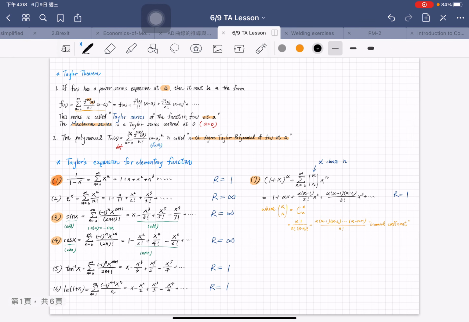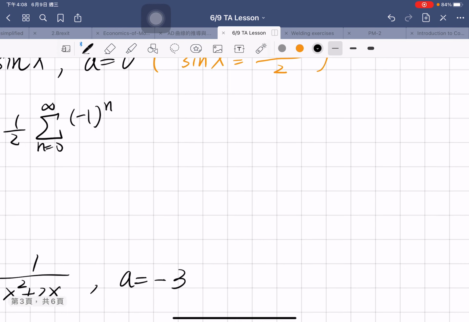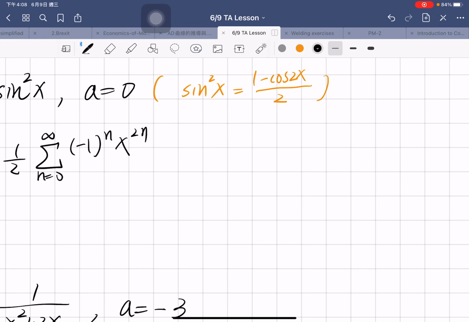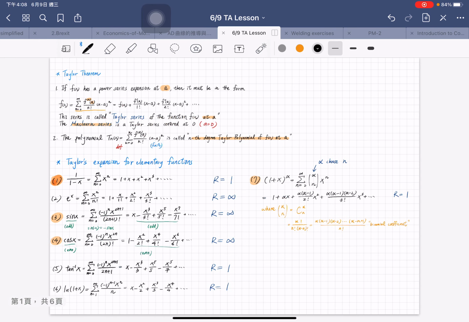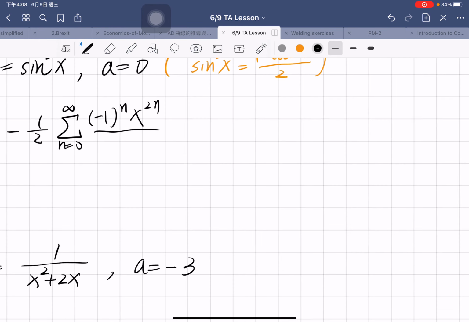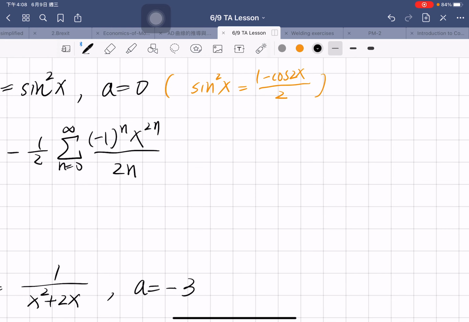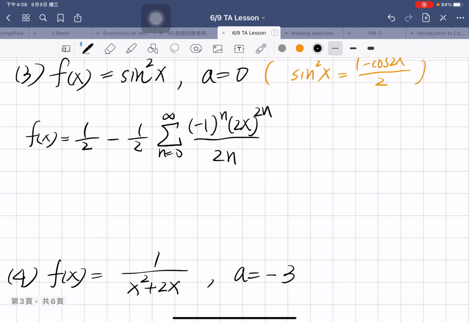You should recognize this in the test, but I forget it all, so let me just look at it. Okay, so 2n, and now you exchange 2x, 2n, and you can simplify it by yourself. Okay, so I leave it to you.